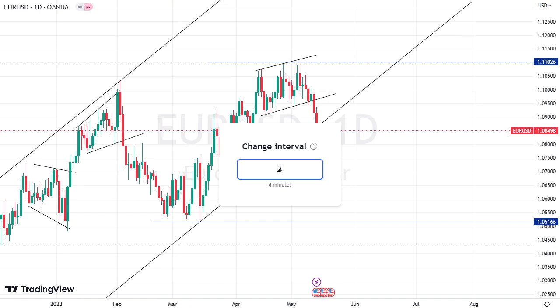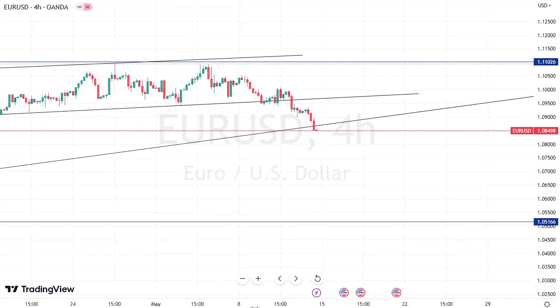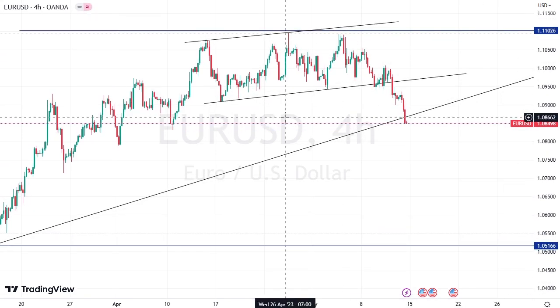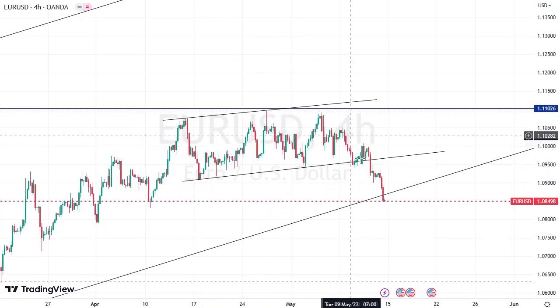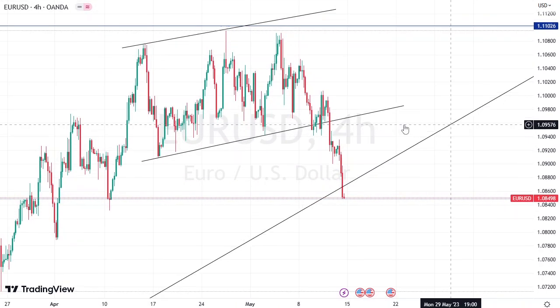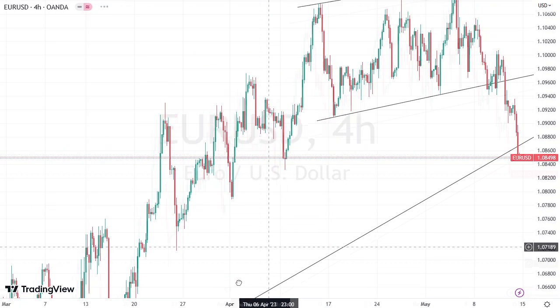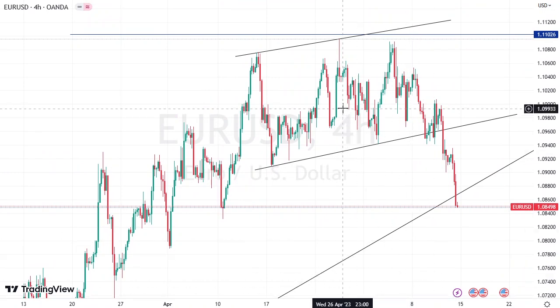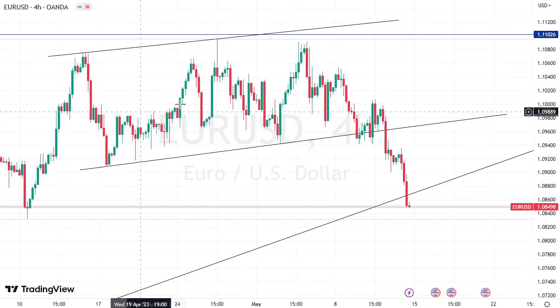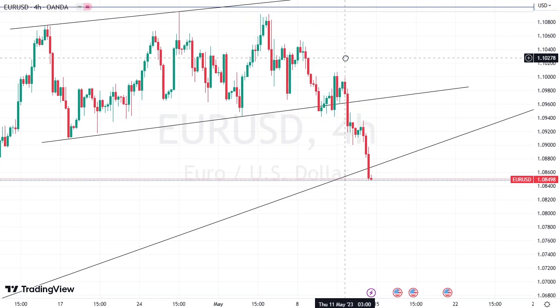So on the daily, we now see, okay, we were ranging between these two lines. We've been ranging and it's been ascending. So we can see, okay, this structure was ascending and it's been ascending for about a week or more.